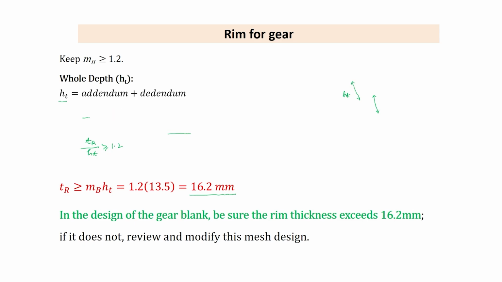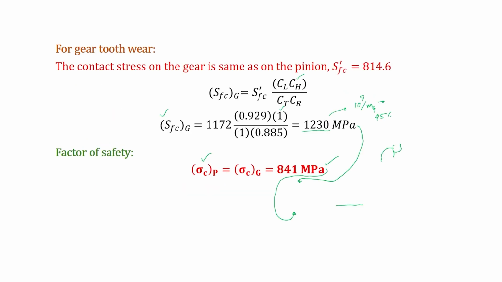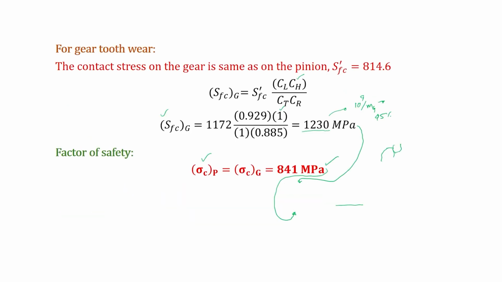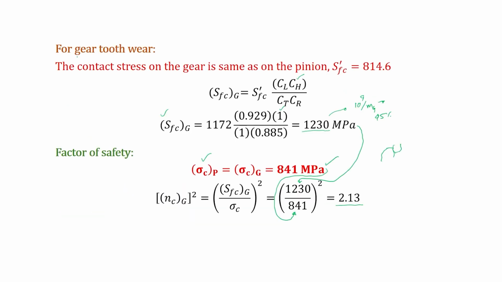Now, if we compare the factors of safety which have been obtained for all the cases, then the factor of safety for the gear against wear is 2.12, and in the beginning we had taken the design factor equal to 2, and so the factor of safety of the gear against wear is 2.12, which is slightly more than the required one.